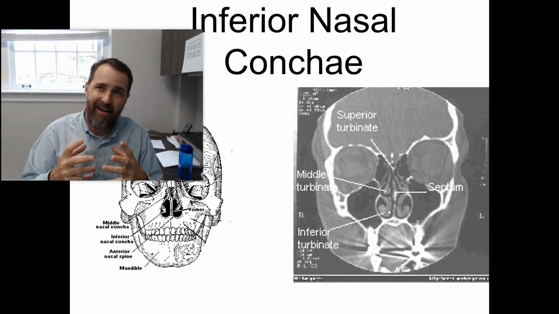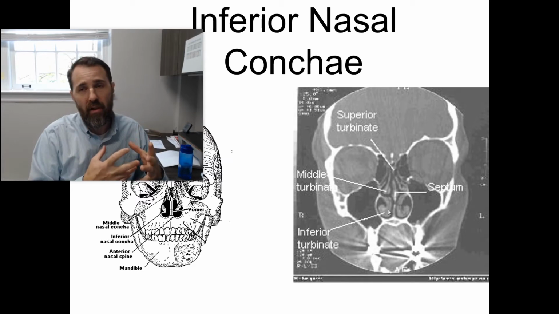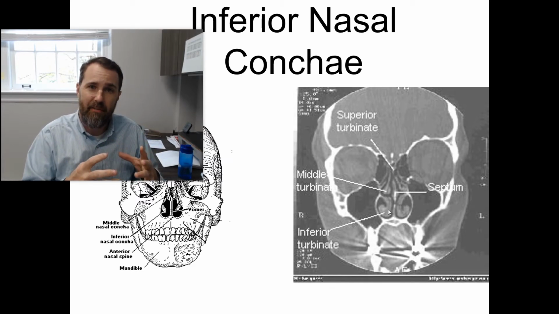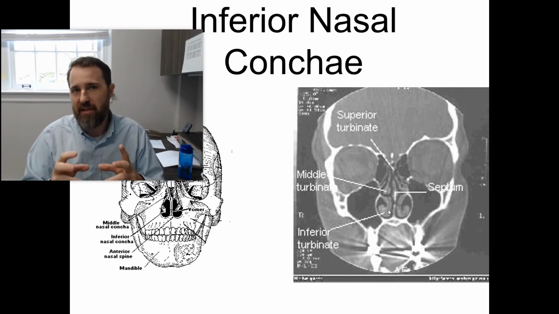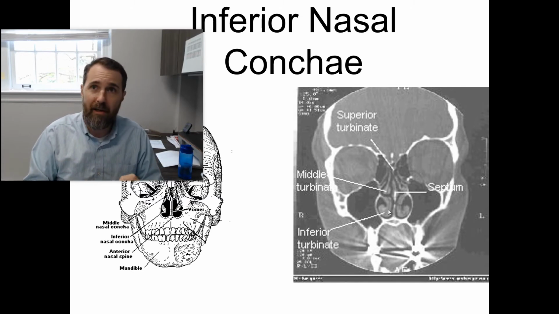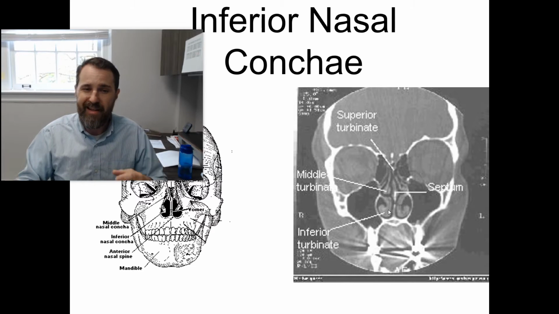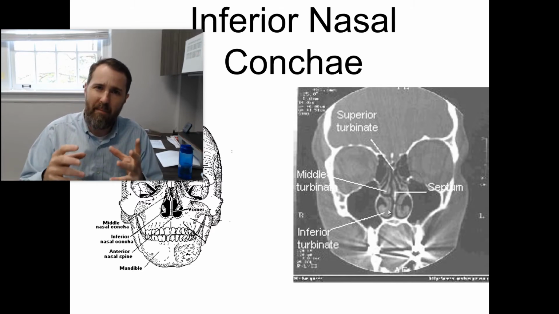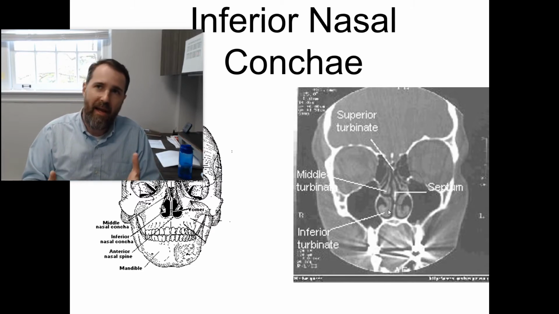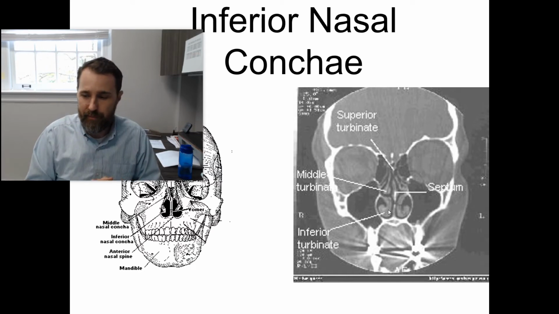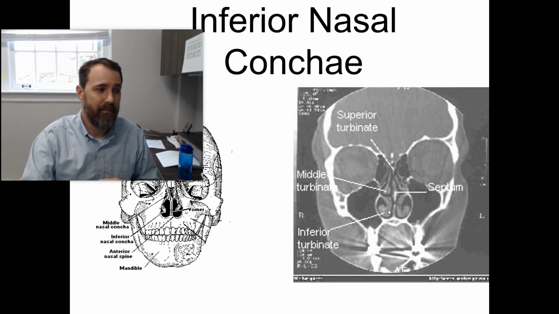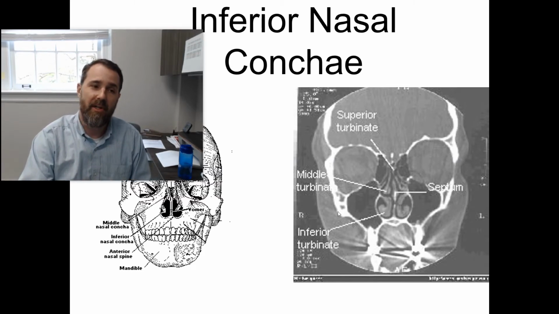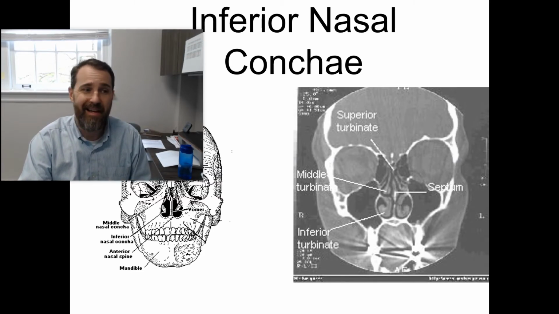You're getting the air ready to treat your lungs as gently as possible. So the purpose of the nasal conchae, superior, middle, and inferior, is that they warm and moisten the air as you're breathing the air in. That conditions the air for the lungs to make respiration at the level of the lungs as effective as possible.